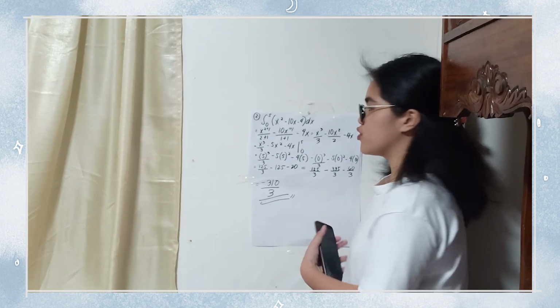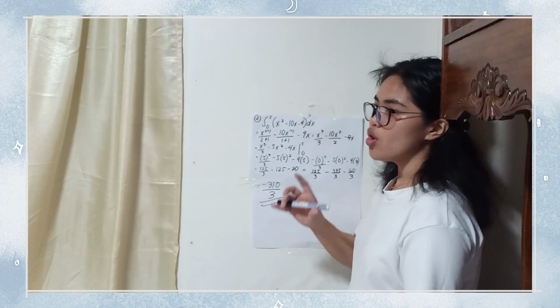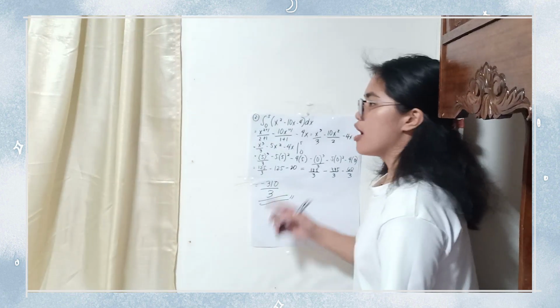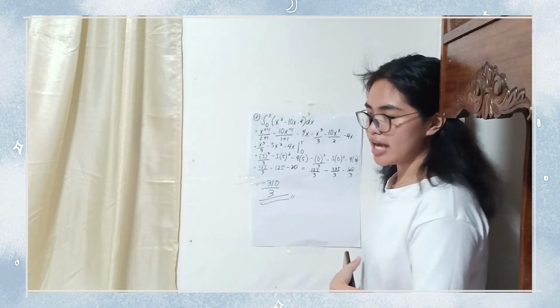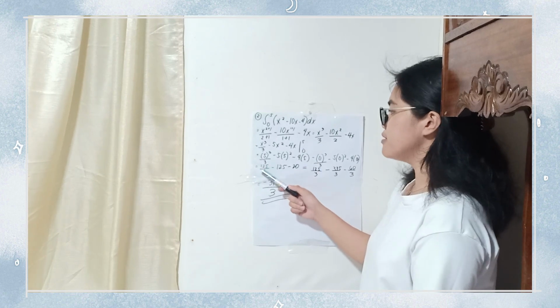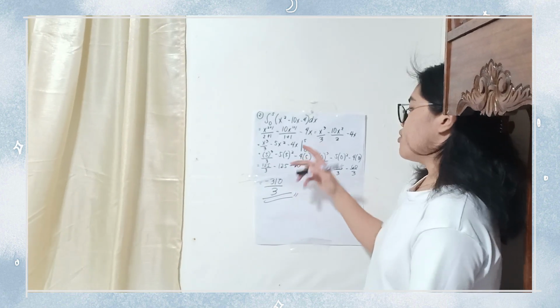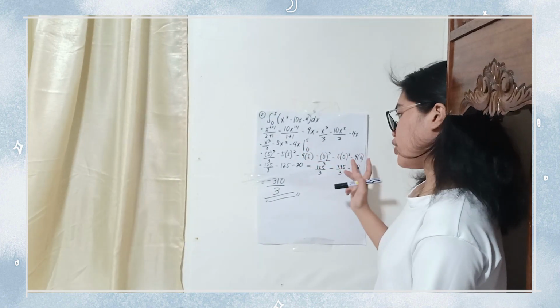So again, we follow the given formula, which is F of b, the upper limit, minus F of a, the lower limit. So we just need to substitute 5 in the equation, and then minus, we substitute 0 in the equation.